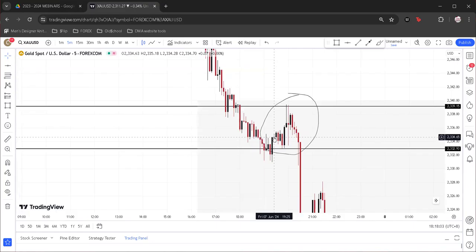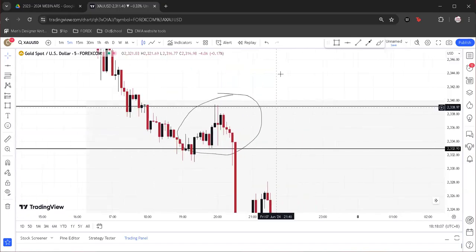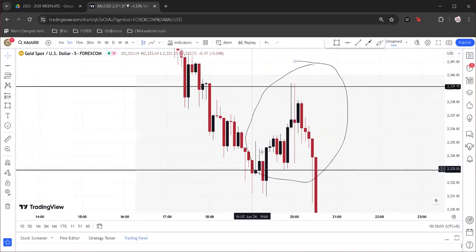So like here, for instance, this is an imbalance, but it closed as a bullish candle. And then this is an imbalance. It showed that prices went down, up, and then down, closed here. This one went up, went down, up, closed here as a bearish candle. That is what OHLC is.